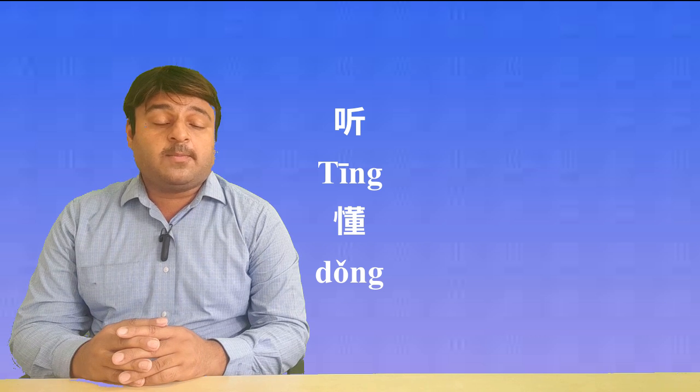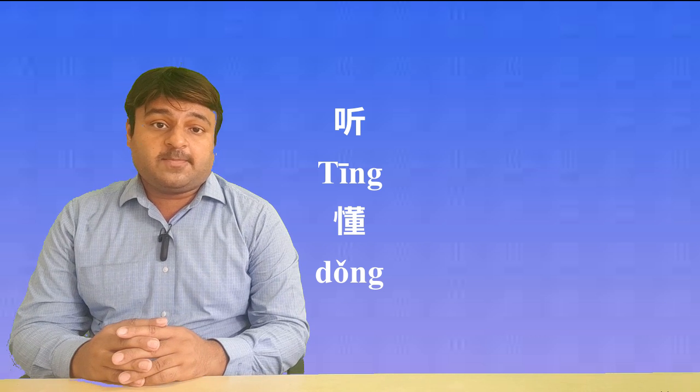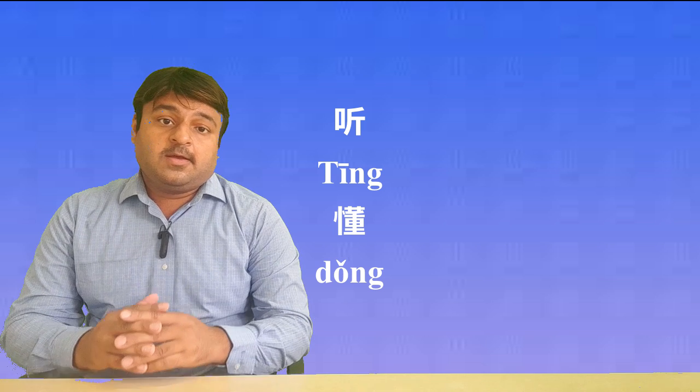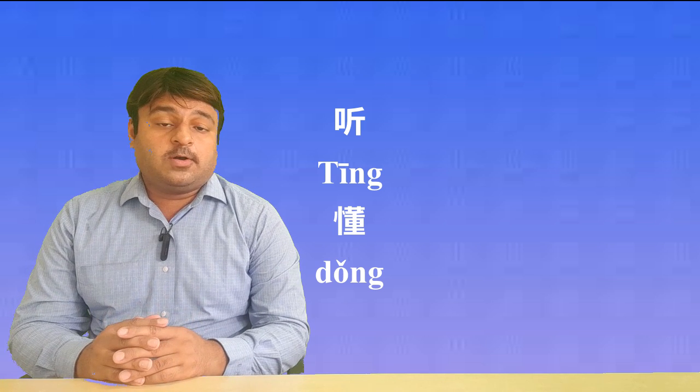These two verbs coming together, forming a separate understanding of the word, is called a resultative complement, or a complement of result. A good example, which we have just done, is tīngdǒng, to listen and to understand. Other examples could be kànjiàn, to see.